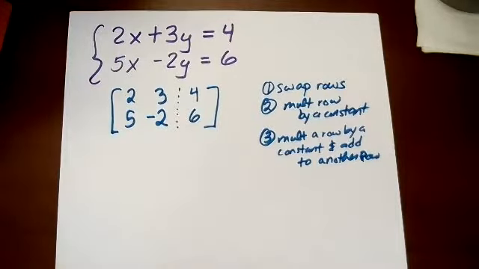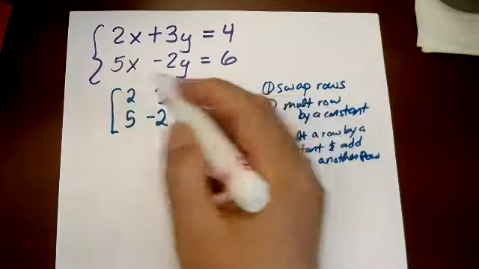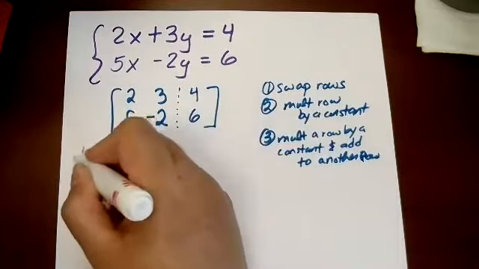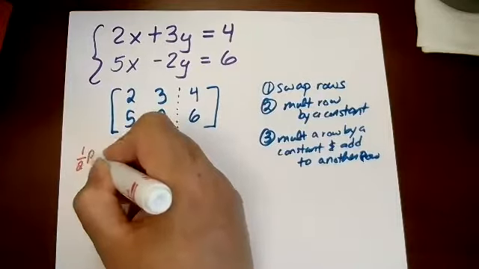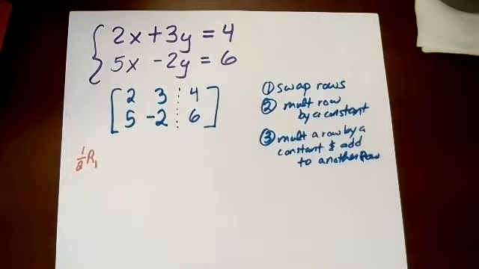So what I'm going to do is take this top row, which is called row 1, and multiply it by 1/2. So I'm going to say 1/2 times row 1. That's the notation that I'm going to use.